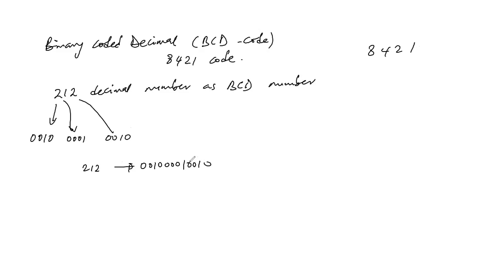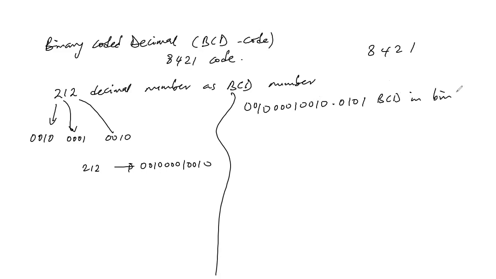It should be noted that the binary equivalent number is different from the BCD number. So let's say we want to express 0010 0001 0010 0101 in BCD.